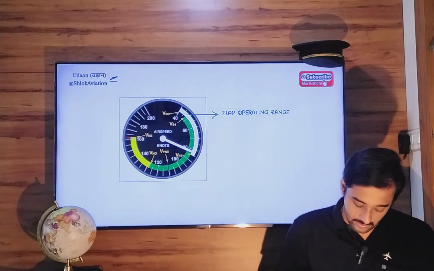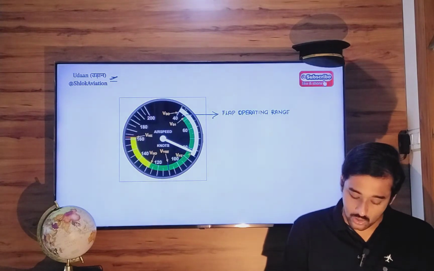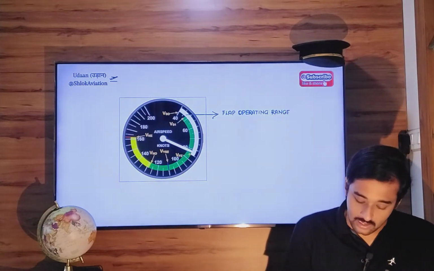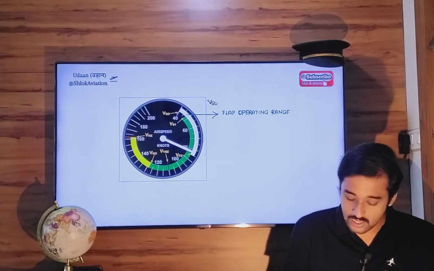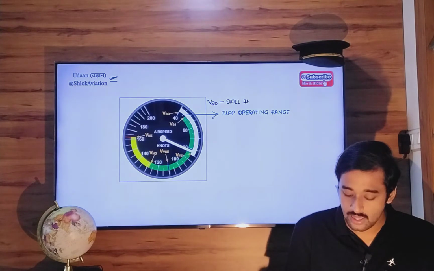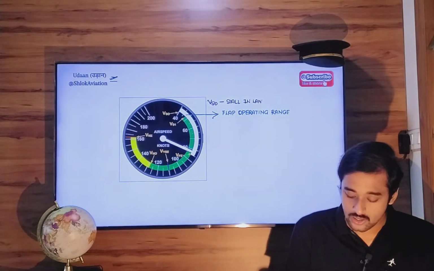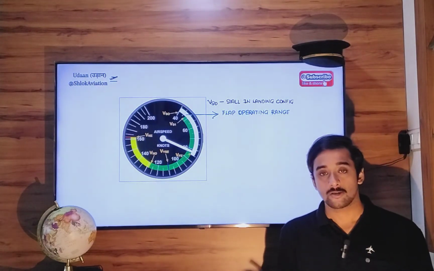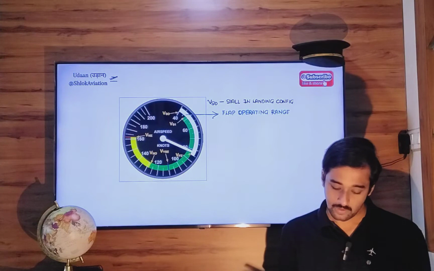The lower limit of the flap operating range is VSO, like shown here. So what is VSO? It is the stalling speed of your aircraft in landing configuration. Flaps extended, landing gear extended, right?